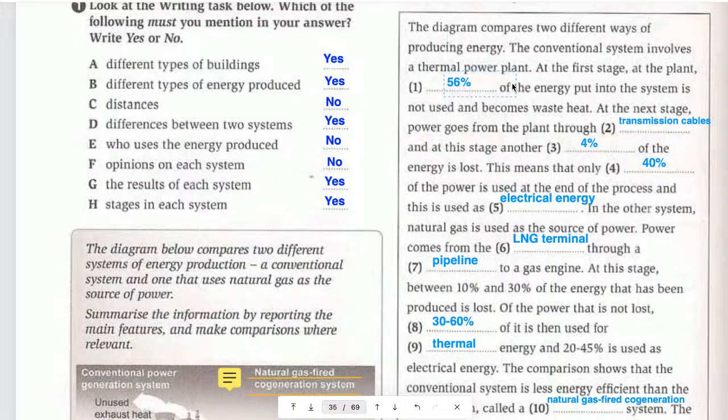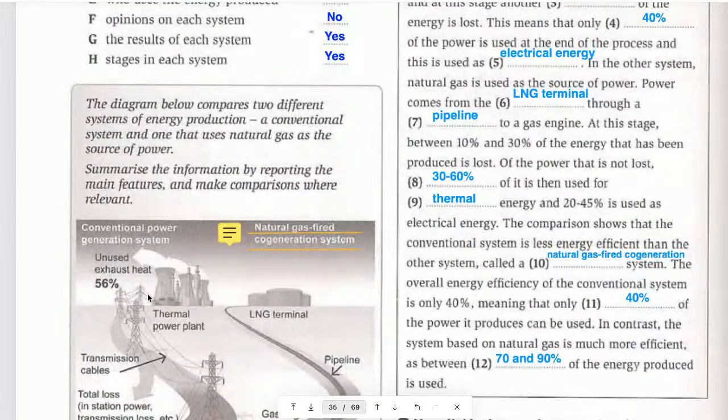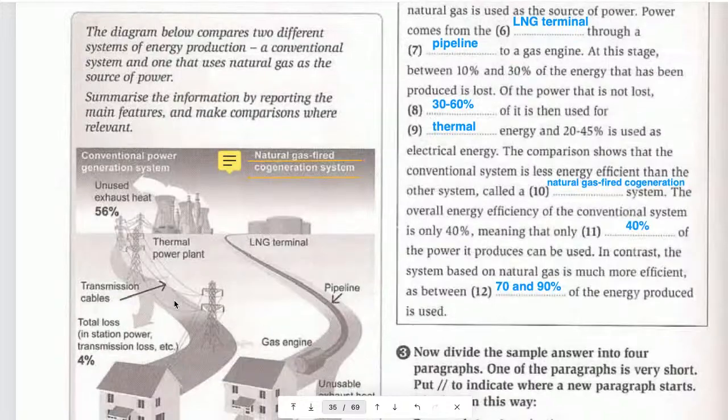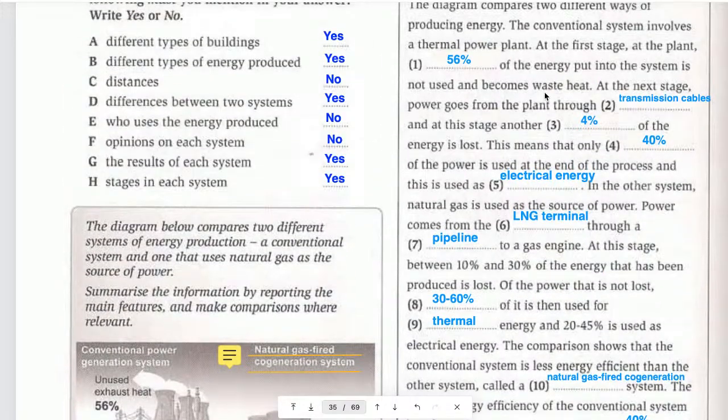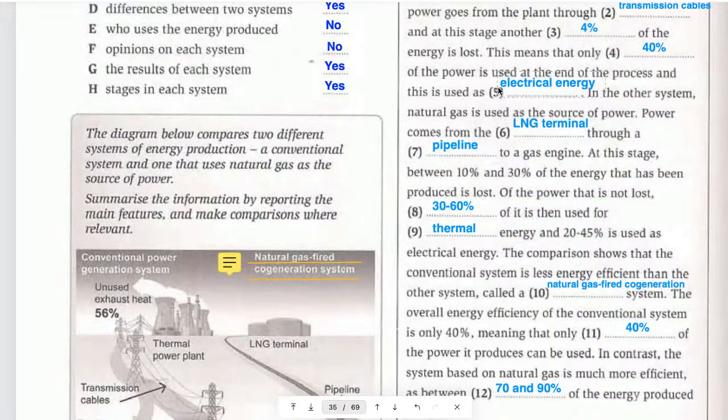Yeah, present simple tense. Why do we need to use the present simple tense? Yeah, it just describes a process here, right? It didn't mention anything about the past or the future. It just describes a fact, what is happening, the process. So we just use the simple present tense here, yeah? And 56%, you can see it's right here.